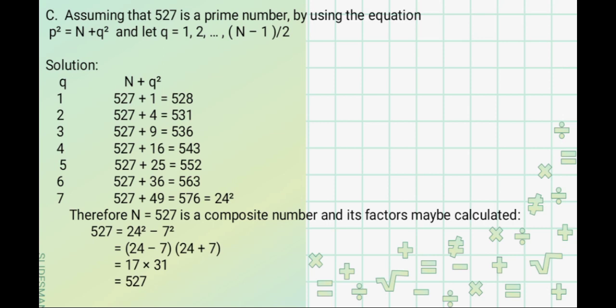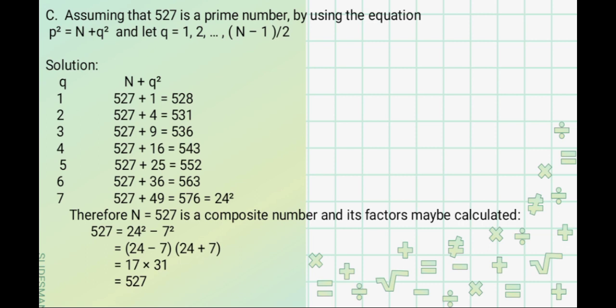So, we have here letter C, assuming that 527 is a prime number. By using the equation p squared is equal to n plus q squared, and let q is equal to 1, 2, 3, and so on and so forth until (n minus 1) divided by 2. So, here is our solution.